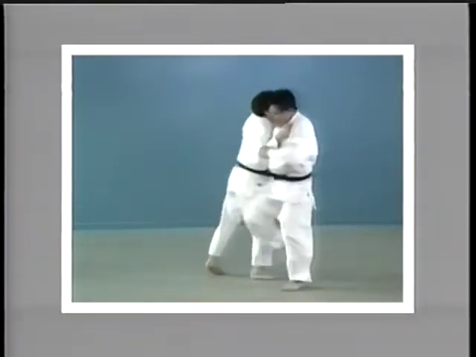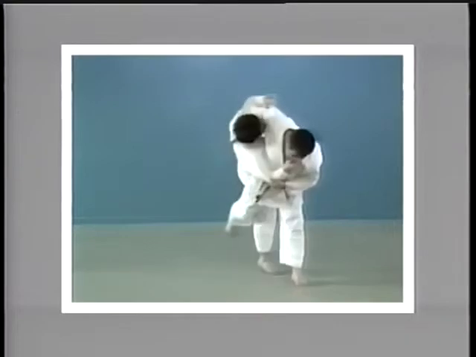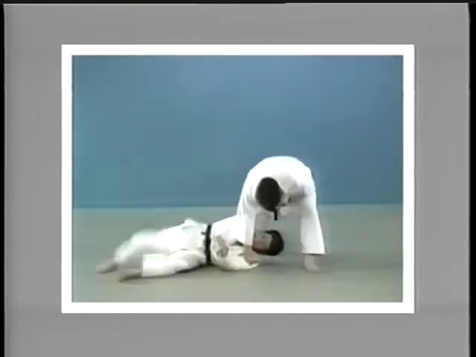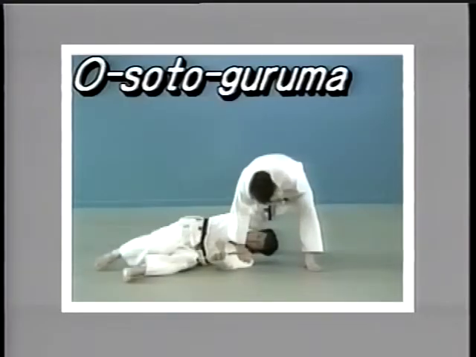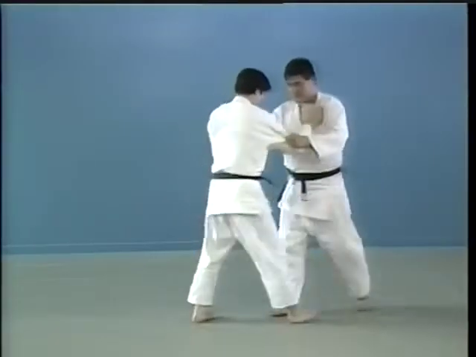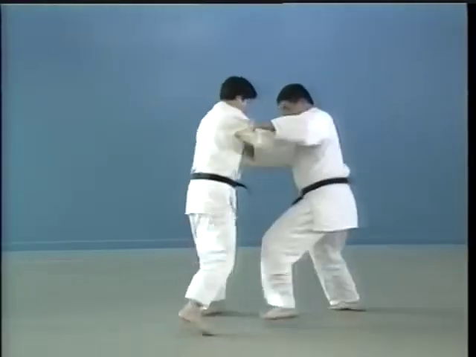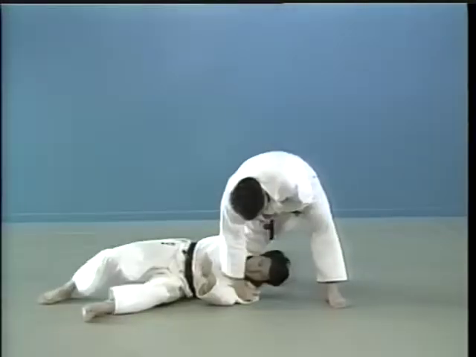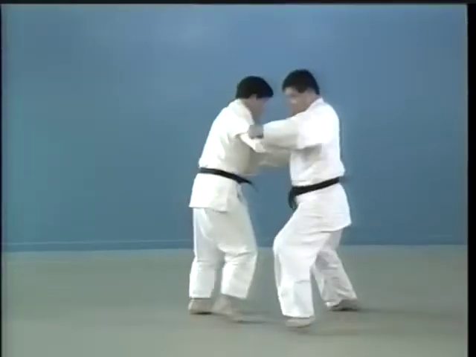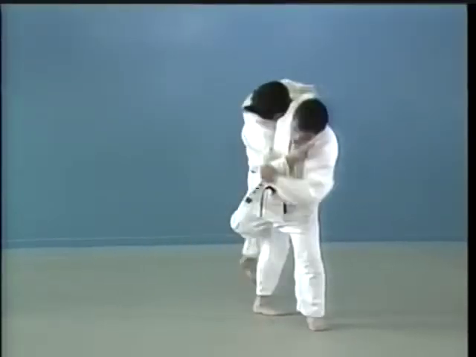O-soto-guruma. In O-soto-guruma, you begin your throw as in O-soto-gari, but cut both your opponent's legs as you twist him down.